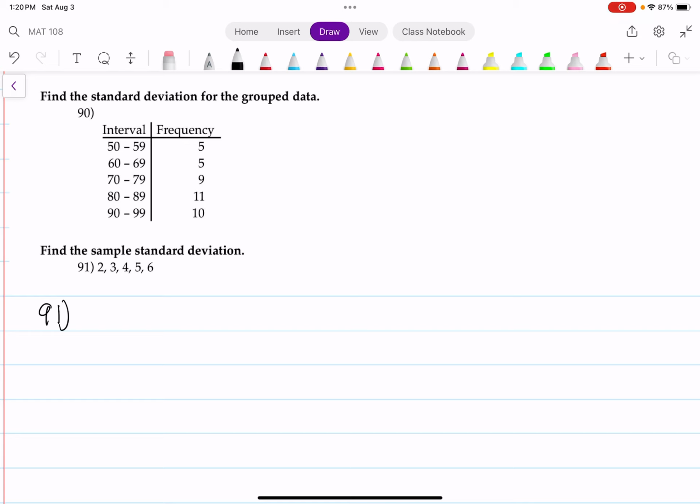So to find the standard deviation, let's first understand what the standard deviation represents.